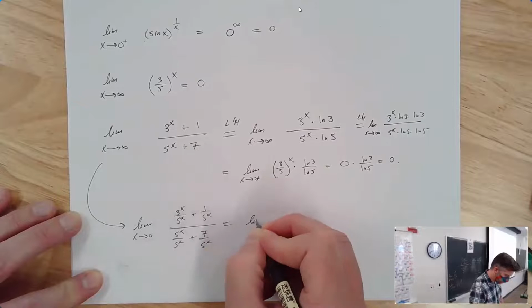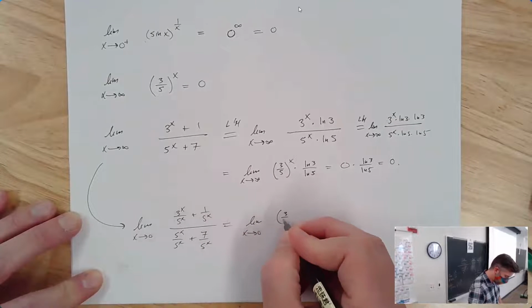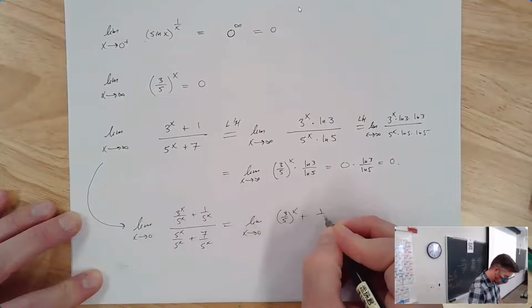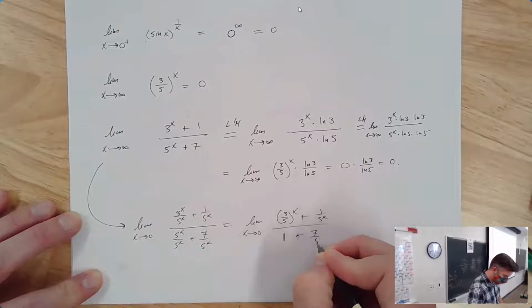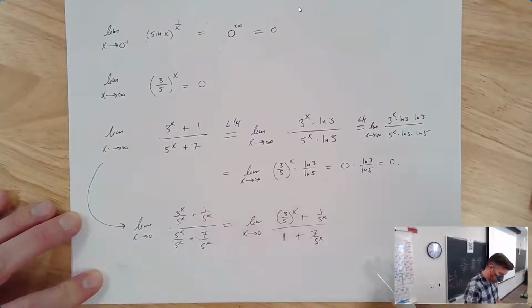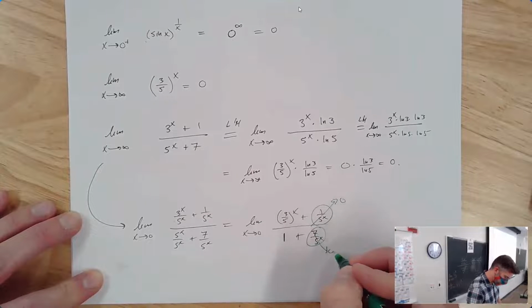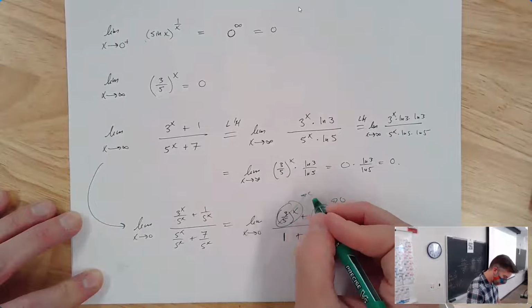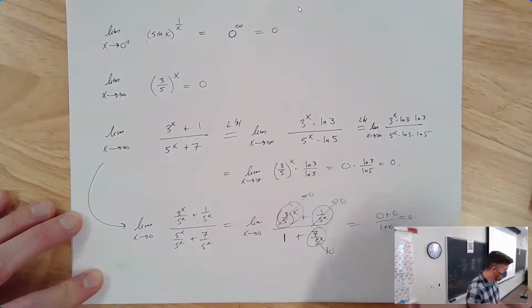And then 3 to the x over 5 to the x is (3/5) to the x. That's 1 over 5 to the x. That's 1. That's 7 over 5 to the x. And each of these things go to 0, even (3/5) to the x. So you get 0 plus 0 over 1 plus 0, which is 0.